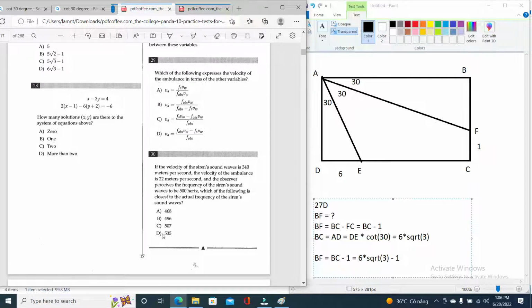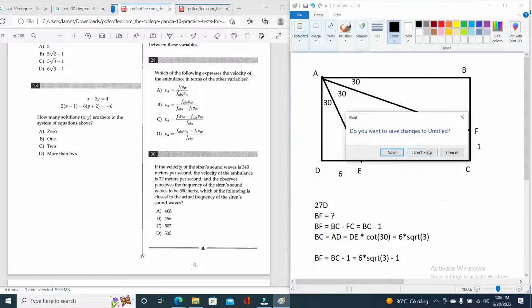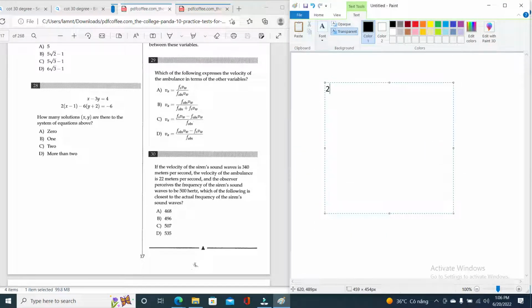Okay, 29. Okay, let's solve the system of equations. So 28, we have x minus 3y equal to 4, and 2 times (x minus 1) minus 6 times (y plus 2) is equal to negative 6.